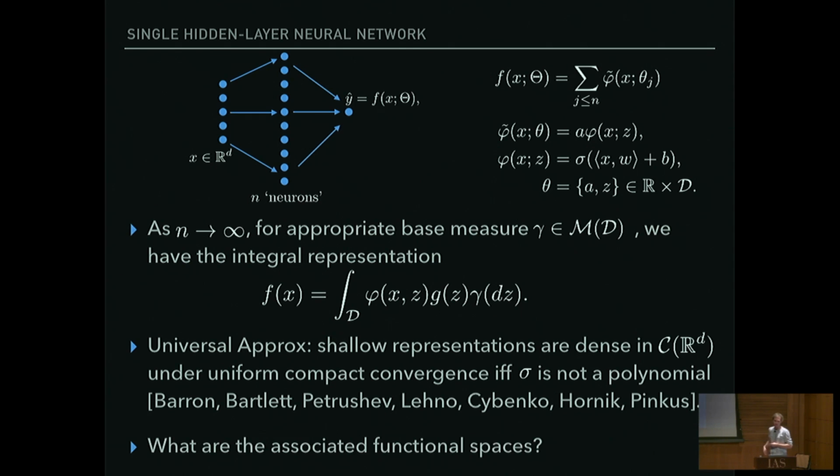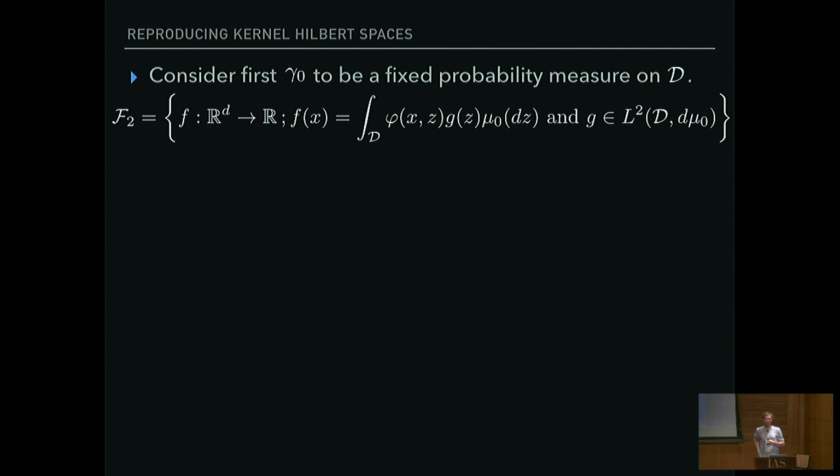And so what are the corresponding functional spaces associated with this integral representation? The first one, the most natural way to replace the Fourier transform, is what's called a reproducing kernel Hilbert space, which is constructed as follows. First I assume that I have a fixed probability measure on my space of input weights, in dimension D. And I look at functions f that I can write, again, as an integral representation against a weight structure that is square integrable, right?